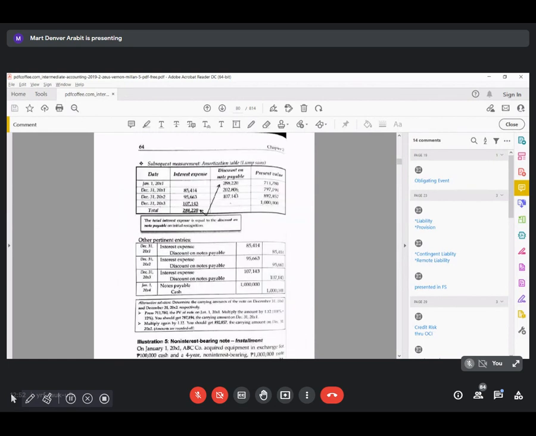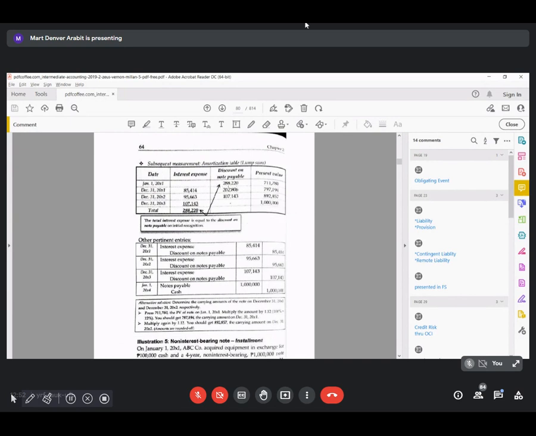Okay? So, saan natin na-compute yung 85,414? So, simply by multiplying yung present value niya dun sa effective interest rate niya, which is yung 12%. So, makikita niyo yung computation niya dito sa baba. Okay? So, now, we have arrived at these figures. So, saan naman natin nakuha yung 202,000?